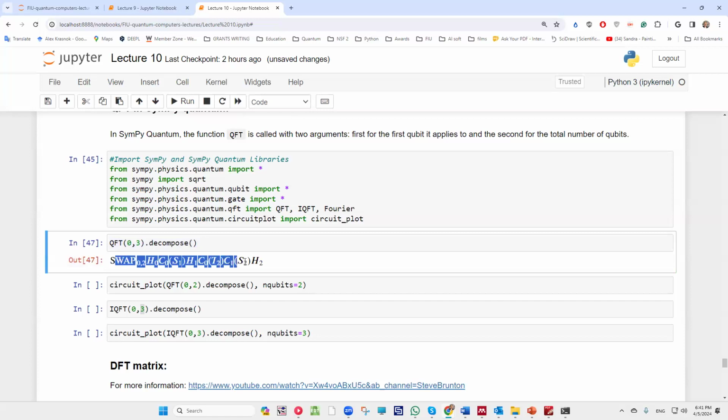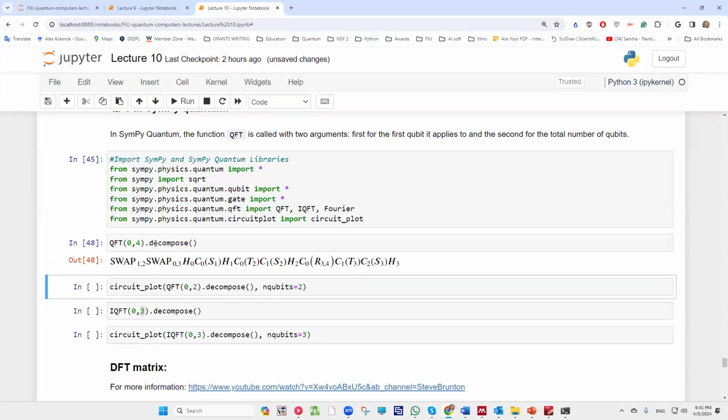So it recognizes it, and I can decompose this operator into a product of other operators, right? This is the decomposed QFT operator for 3 qubits. For a system of 4 qubits, of course, it's going to be a longer string like this.